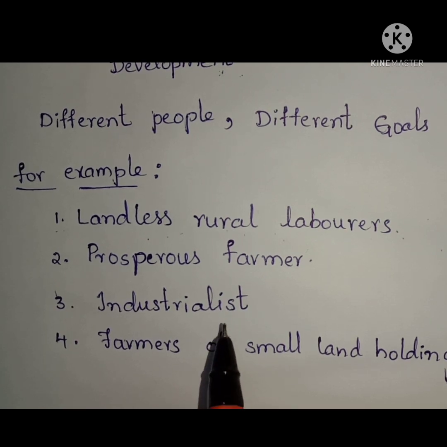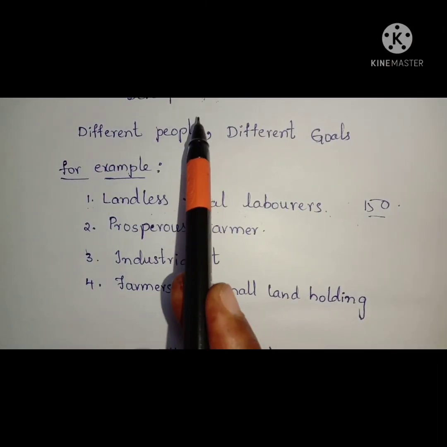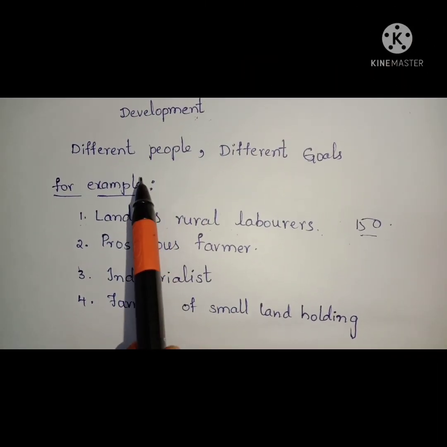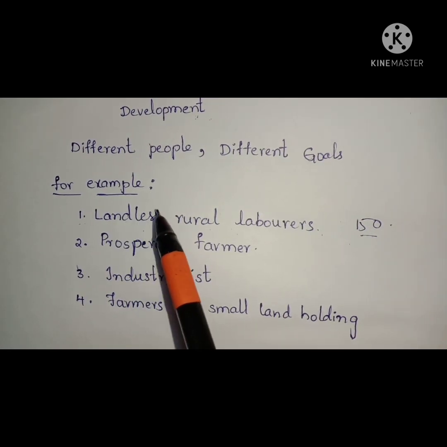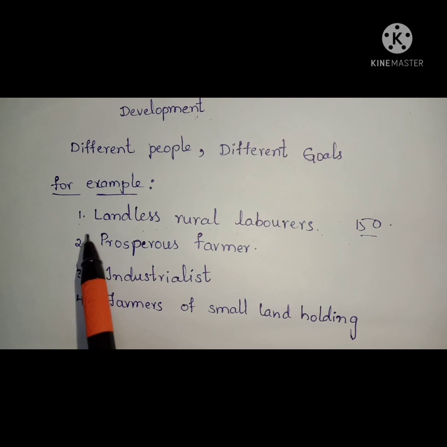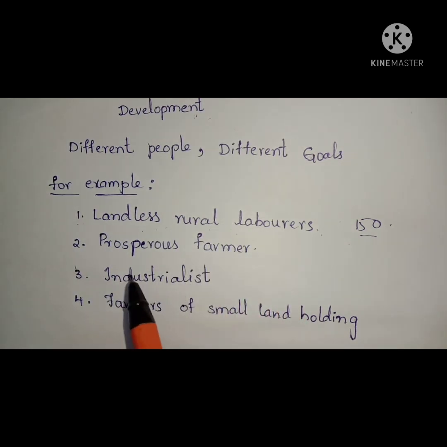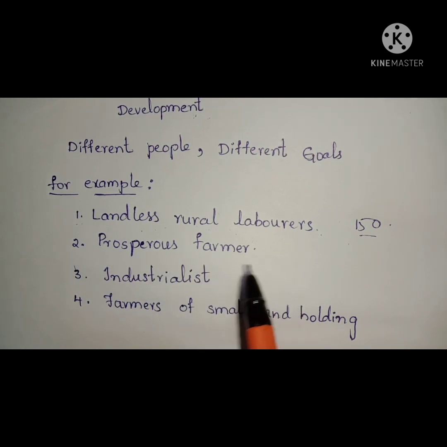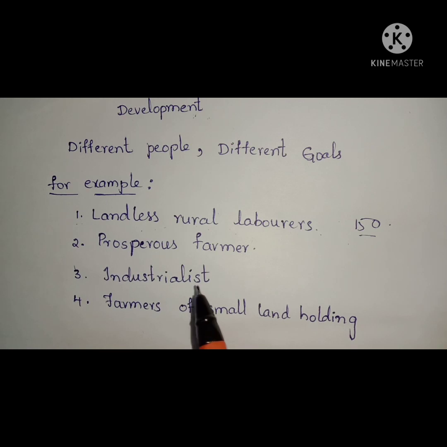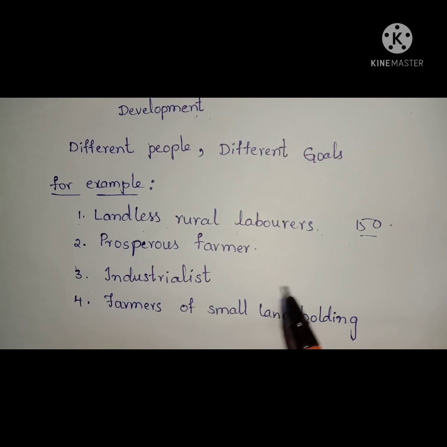Different people have different developmental goals. Development is different for different people, and it has different aspects and different criteria. So, landless people have their own aims, and prosperous people have their own developments, and industrialists have their own things, and farmers of small land holding have different aspects.